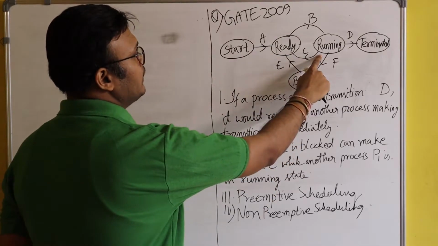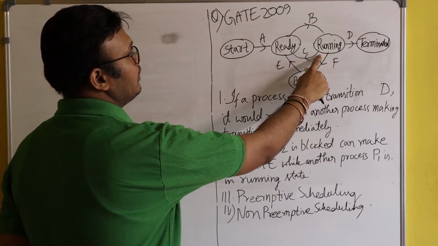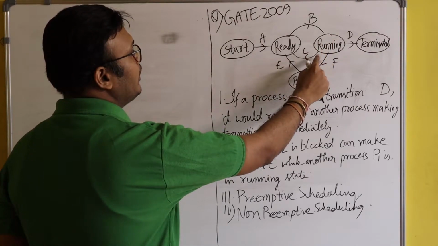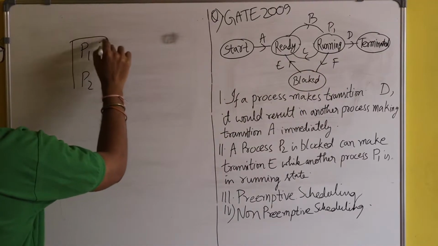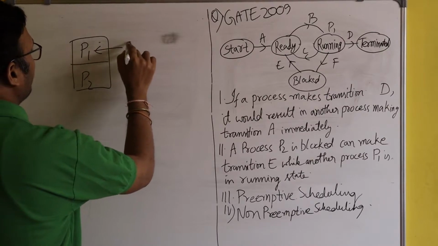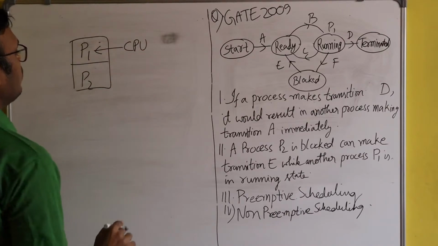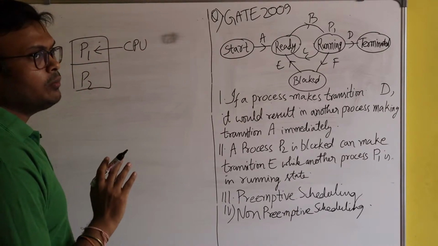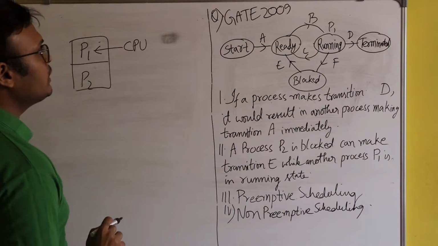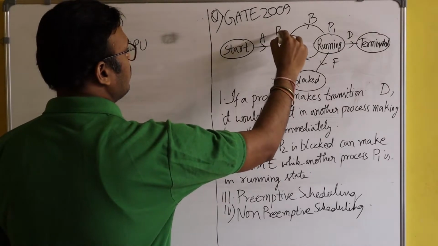A process is in running state, and that process went to ready. It's in RAM. P1 is in running state. It means CPU is with P1. And P2 is doing nothing, but it's in RAM. It means the state of P2 is ready state. So here I will write P2.